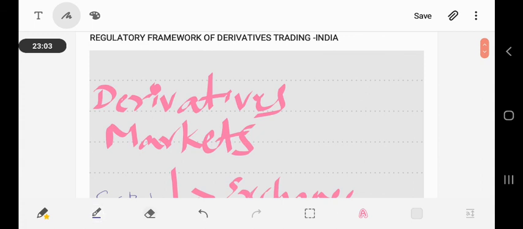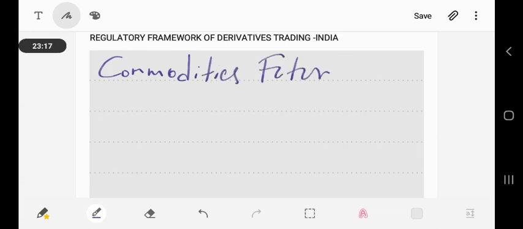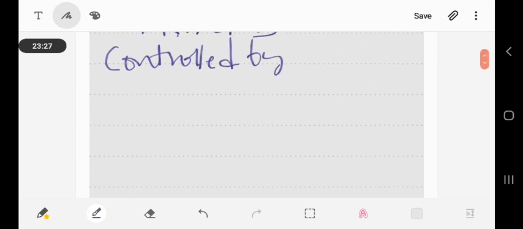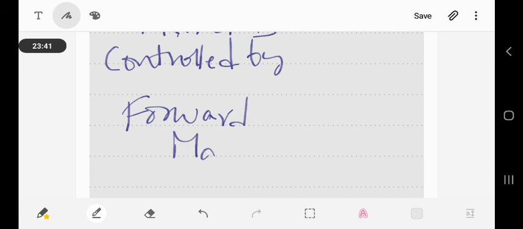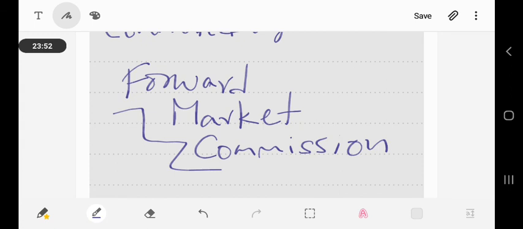The commodities futures market is controlled by the Forward Market Commission.